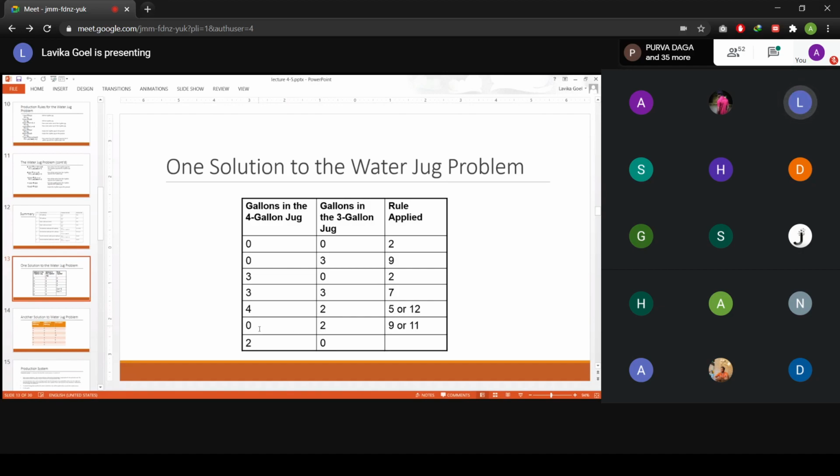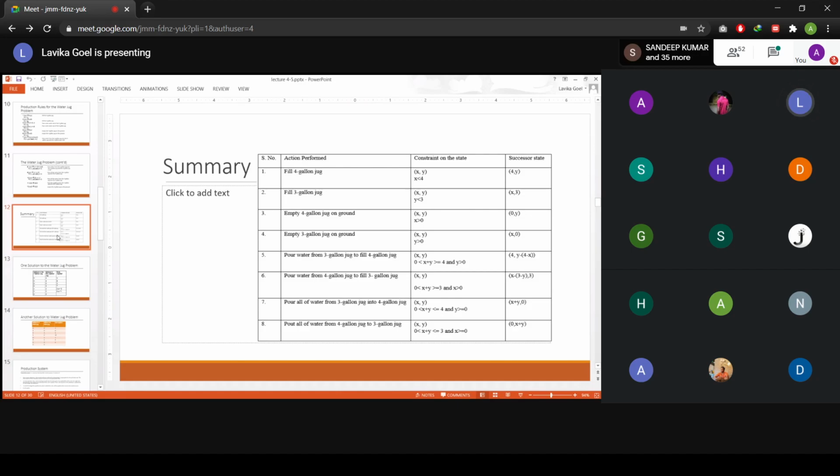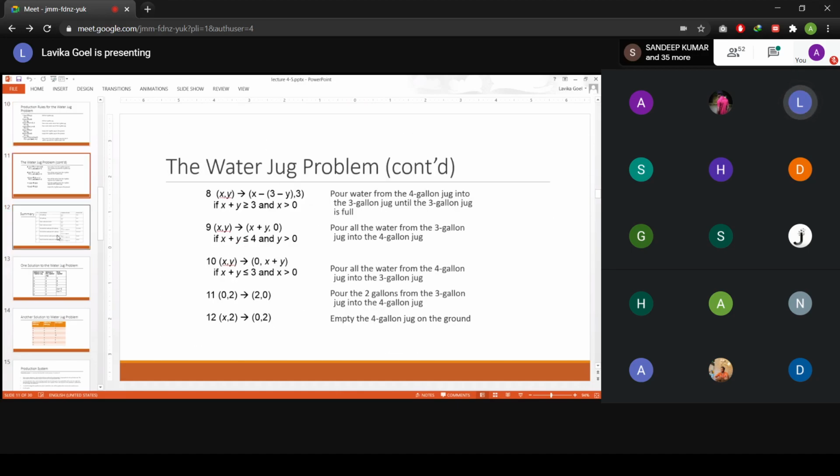Now from 0, 2, you want to get the state 2, 0. So basically you want to transfer all the water from the 3-gallon jug into the 4-gallon jug. So again, which rule can you apply? You can apply the 9th rule, where you are pouring all the water from the 3-gallon jug into the 4-gallon jug.